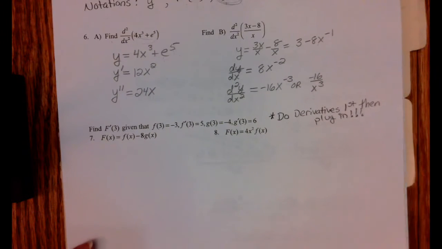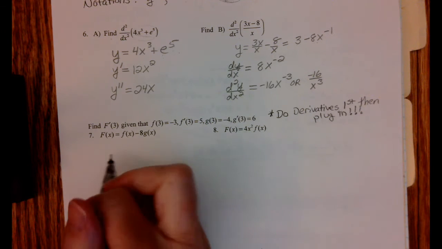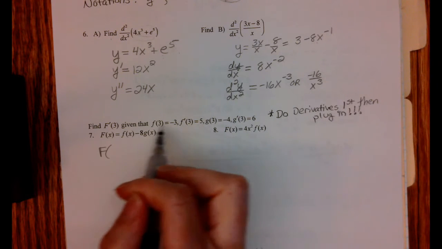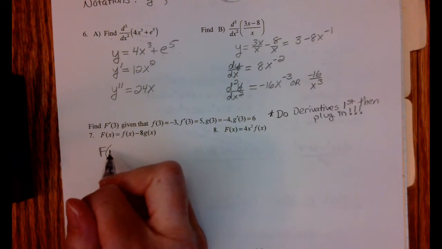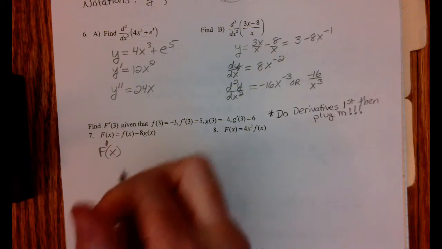When you are doing derivatives and evaluating them at a point, you should always, always, always do the derivative first, then do your plugging in. So information that I know up here about different functions is given. We'll use that momentarily. I want to find f's derivative in terms of x, and that's a single prime.